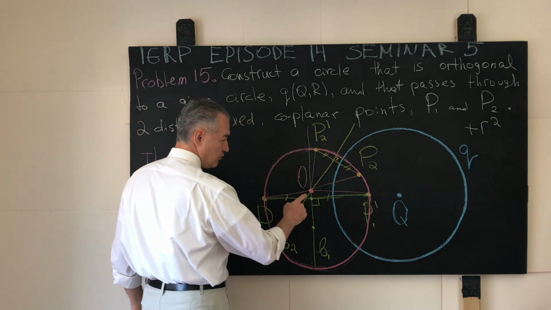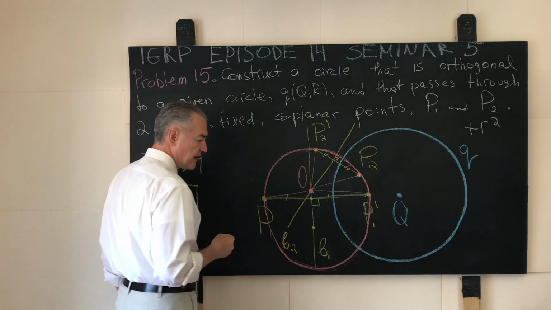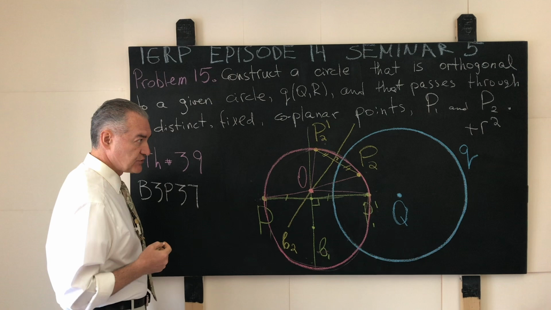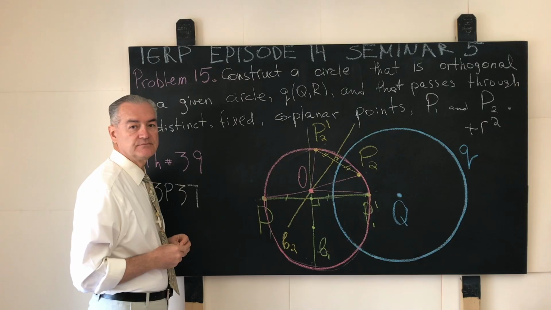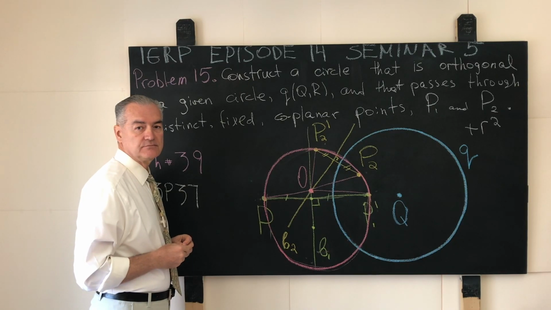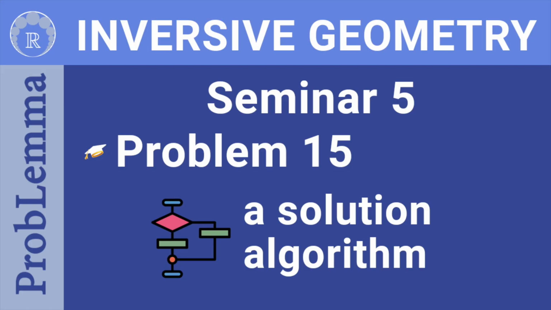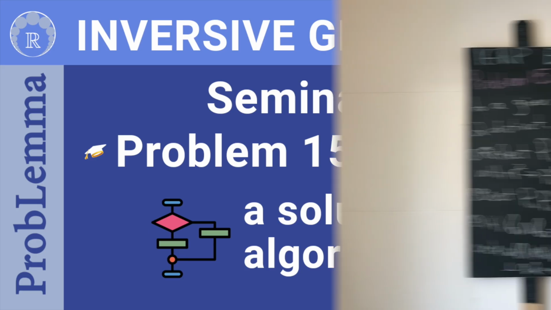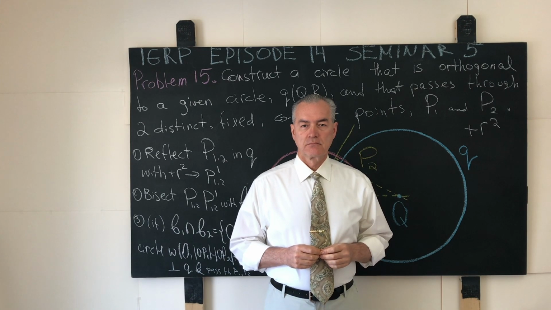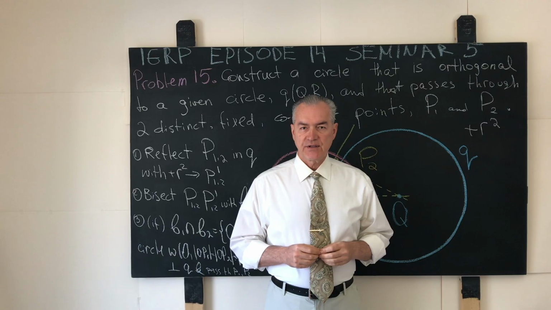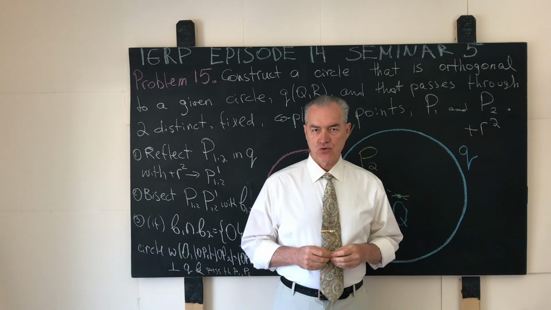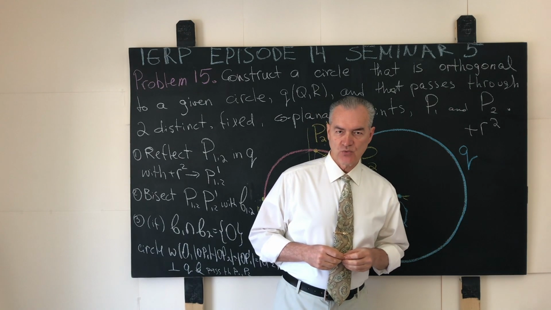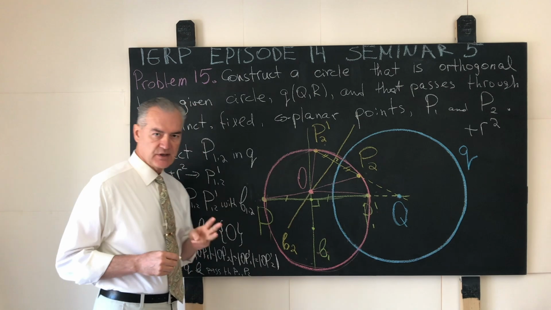And we can now put together an algorithm that solves the problem number 15 in general. To that end, in order to construct a circle that is orthogonal to a given circle and passes through two given fixed coplanar points, we execute the following basically 3 steps.